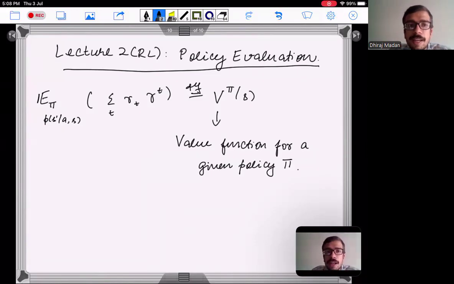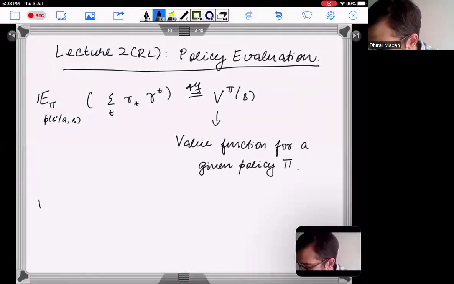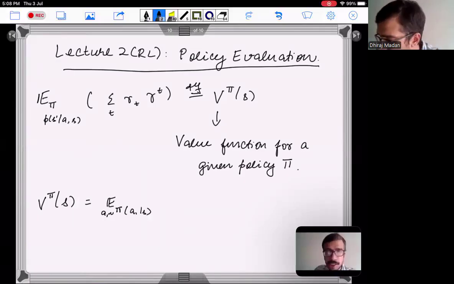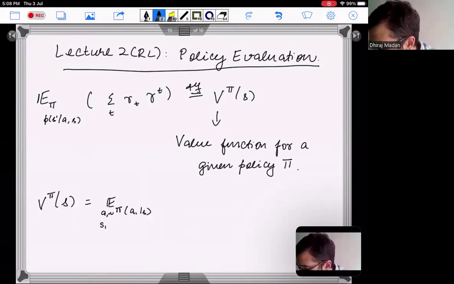Note that when I say it's an expectation, it consists of both the pi terms and the p of s prime given s terms. So essentially, you should think of it in expanded terms as an expectation over the following. Firstly, the first action is chosen from pi given S if it's a stochastic policy. Then S1 is chosen from P of S1 given A, S0, and so on.